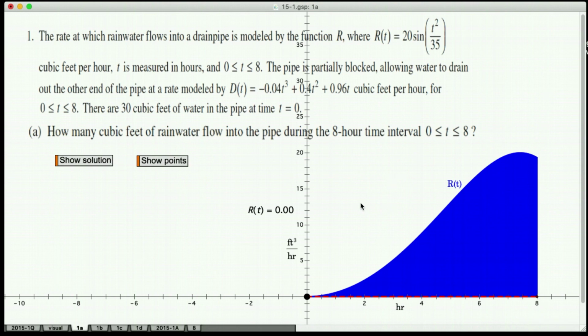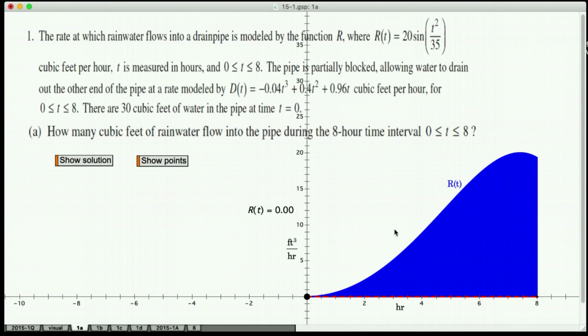A good thing to use here is estimating, which is very powerful, because when you do these kinds of calculations on a calculator, you can make a simple mistake, get the wrong answer, and not even realize it. So one of the things you should learn to do is really estimate. The mean value theorem is very powerful. It says that the area under this region is equal to the area of some rectangle.